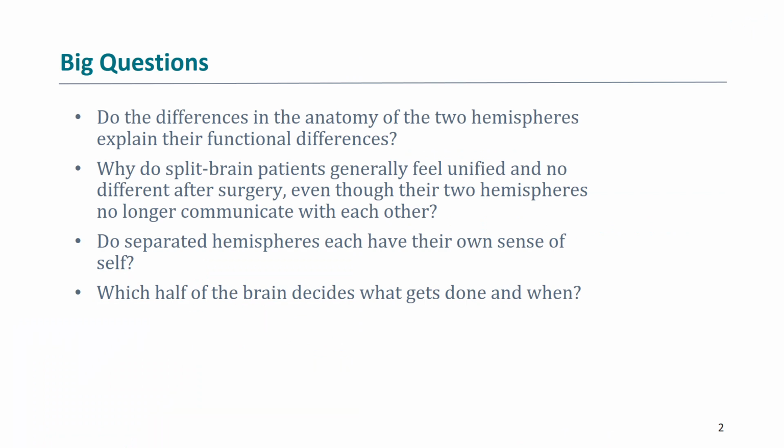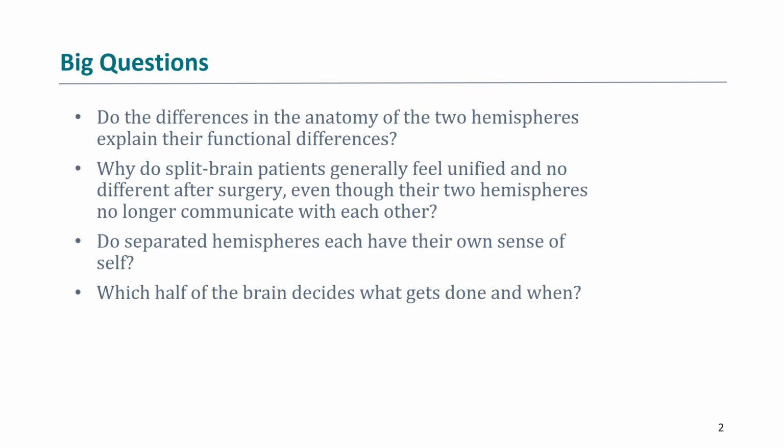Okay, we're going to cover chapter number 4, hemispheric specialization. The big question in this chapter will be: do the differences in the anatomy of the two hemispheres explain their functional differences?